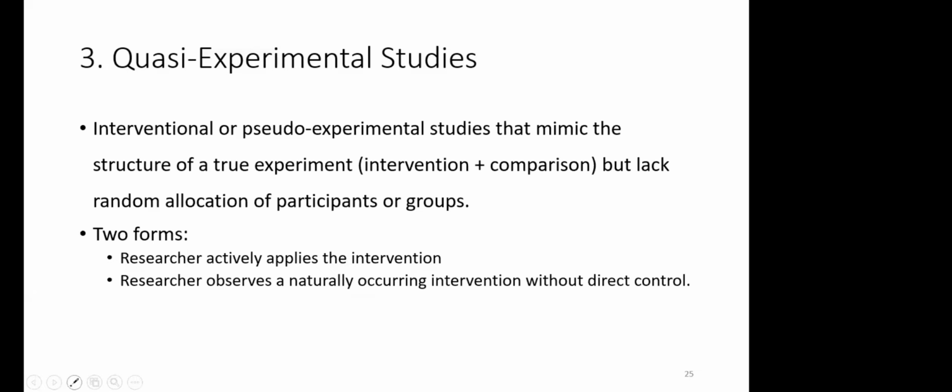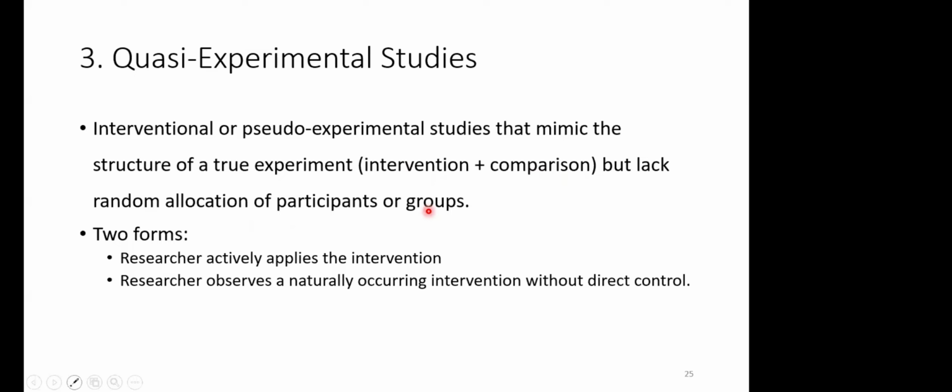Then the third type of non-randomized interventional trials are quasi-experimental studies. They can either be interventional or pseudo-experimental studies. Pseudo in that they may mimic the structure of a true experiment, having both the intervention and the comparison, but lack random allocation of groups.